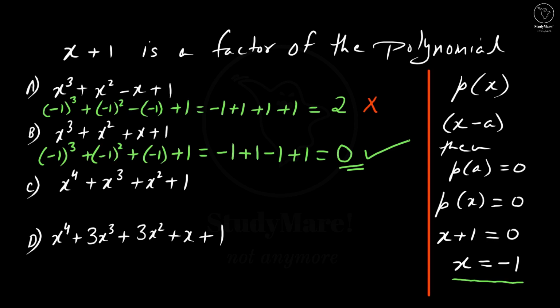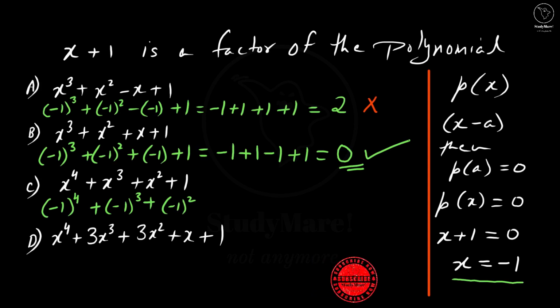But again, let us solve the other ones also and see what we get in the result. So in option C, we have x to the power 4, so this becomes (minus 1) to the power 4 plus x cube, that is (minus 1) cube, plus x square, that is (minus 1) square, plus 1. This is equal to (minus 1) to the power 4 will give us 1.